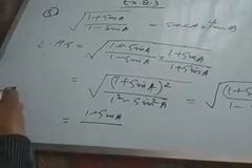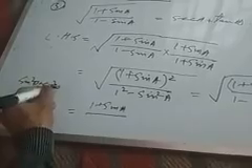Now we can write it as 1 plus sin A divided by, we know from the first identity, sin square theta plus cos square theta equal to 1. So cos square theta equals 1 minus sin square theta.